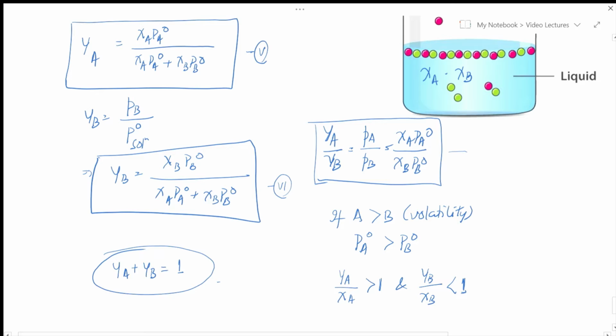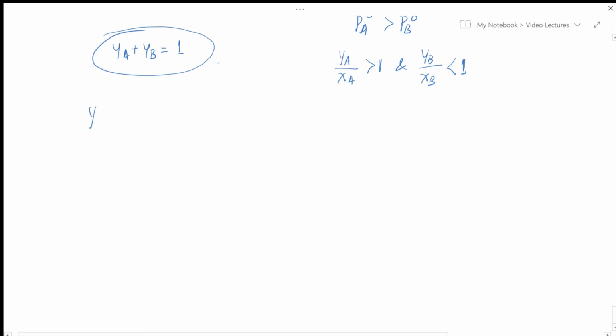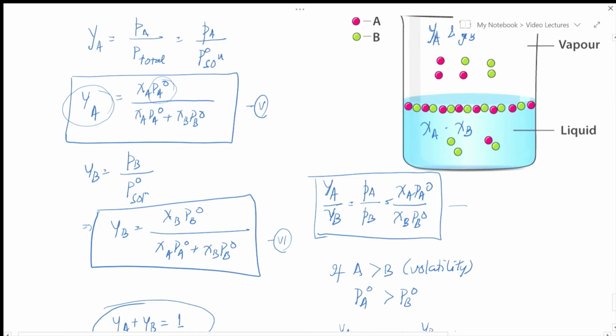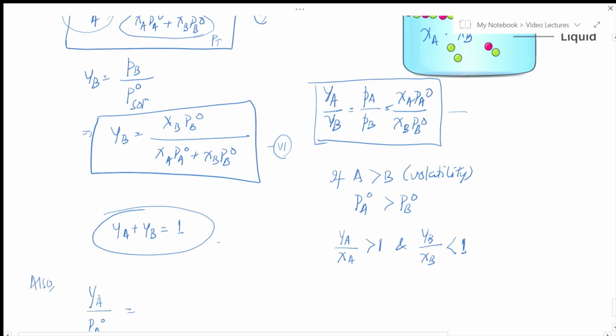Now from equations 5 and 6, we can write an expression for Ya divided by Pa naught. It will be xi A by xi A Pa naught plus xi B Pb naught. So I'll write that equation here. Ya divided by Pa naught, take a look at this again. Ya by Pa naught will be xi A divided by P total. Let's write this as P total, or P naught solution as we've written before.